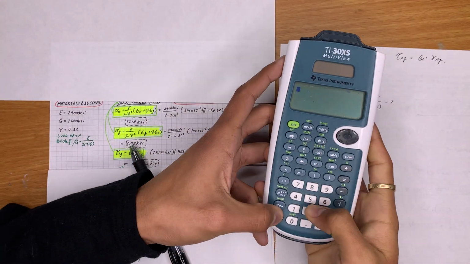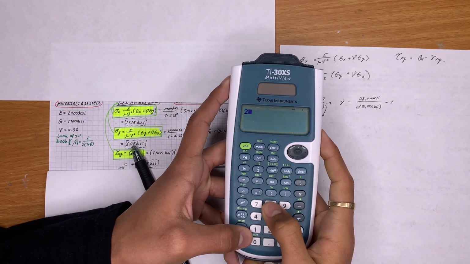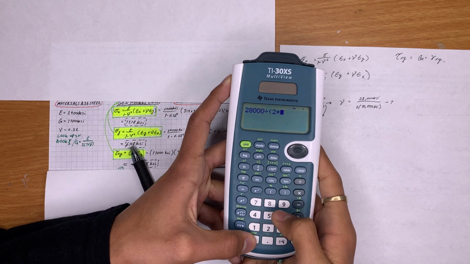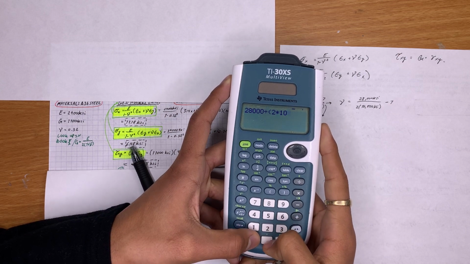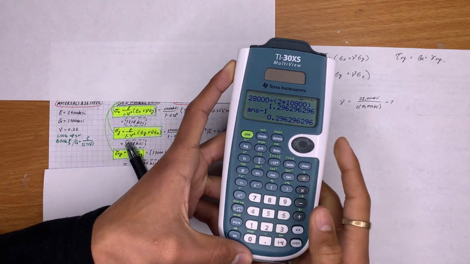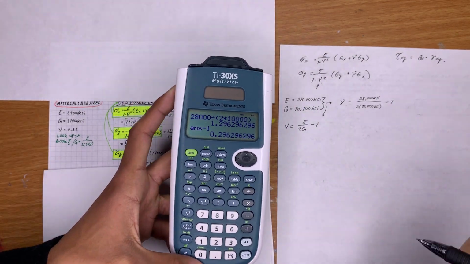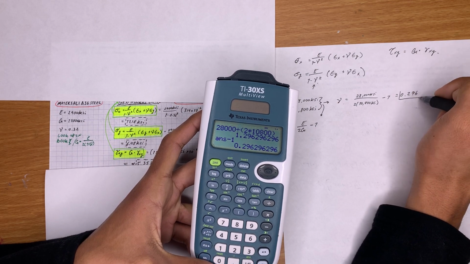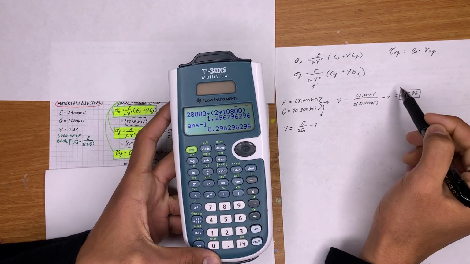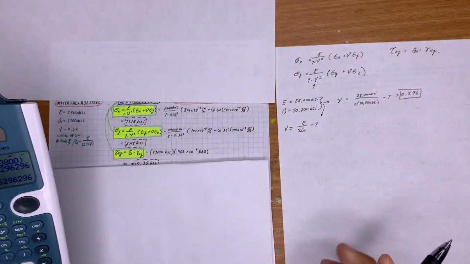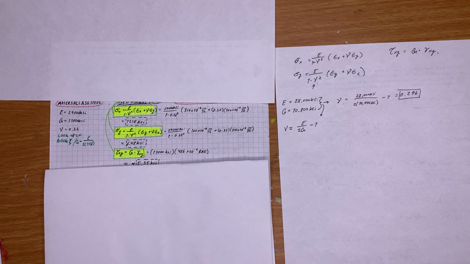We calculate that: 28,000 over 2 times 10,800 minus 1 gives us 0.296, we'll call it. Which is going to be important when translating our state of strain to a state of stress. So let's go ahead and do this now.